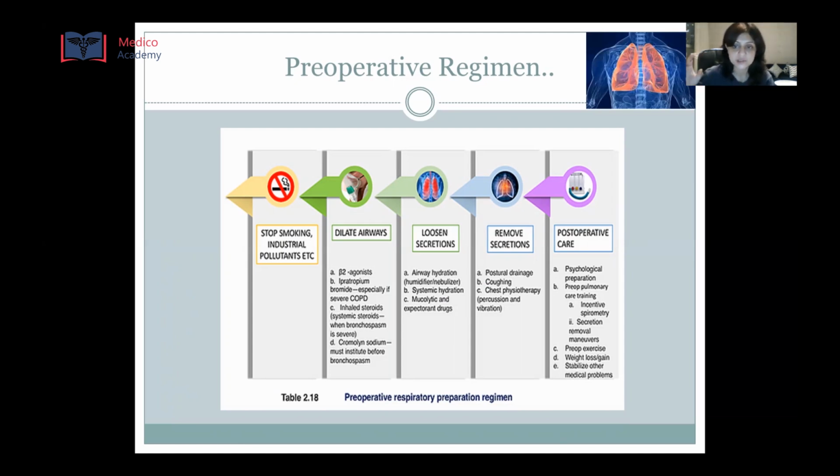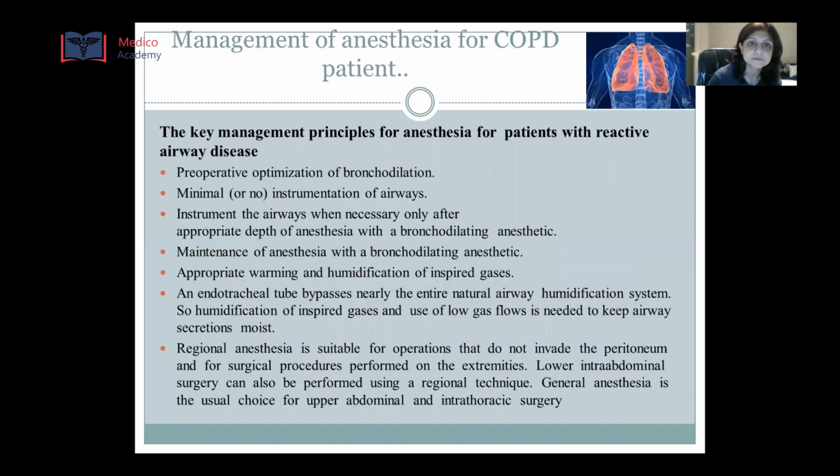We remove the secretions by coughing, postural drainage, chest physiotherapy, that is percussion and vibration. And post-operative care, psychological preparation, pre-operative pulmonary care training is also included in the post-operative care, like incentive spirometry or secretion removal maneuvers, pre-op exercise, weight loss or gain, whatever is required, and stabilizing the other medical problems.